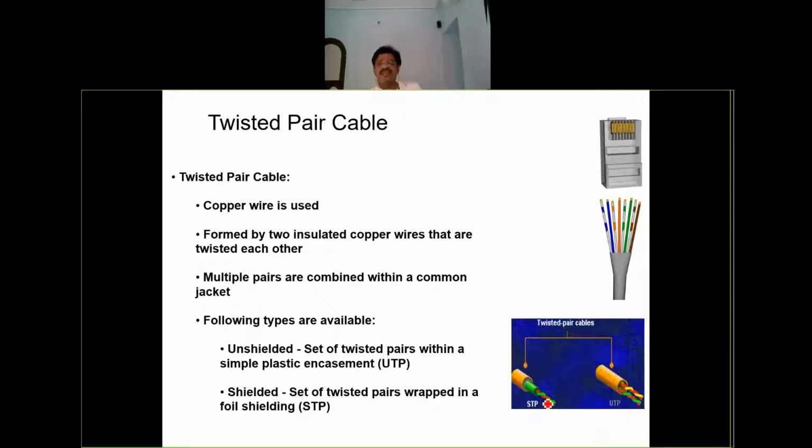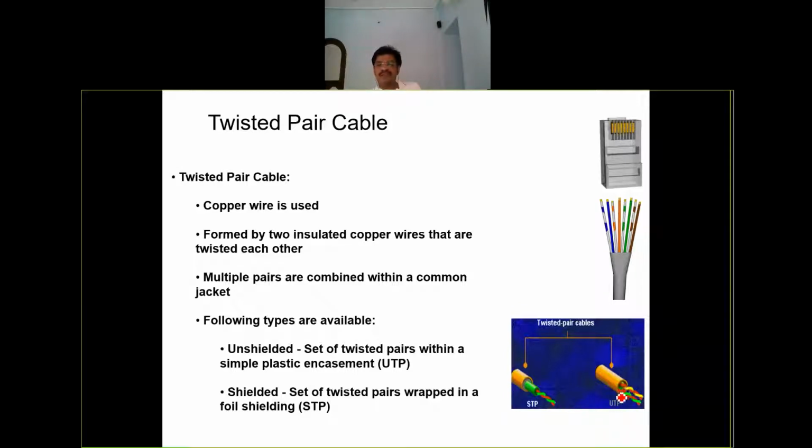Whenever we are utilizing this shielded twisted pair, the electromagnetic losses are neutralized by twisting the copper conductors. That's why we twist the copper conductors and provide the shielding, so that electromagnetic and radio frequency interferences of other conductors do not affect the signal being propagated through this cable.